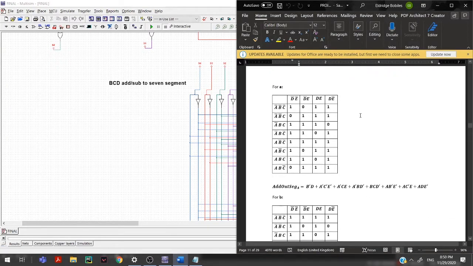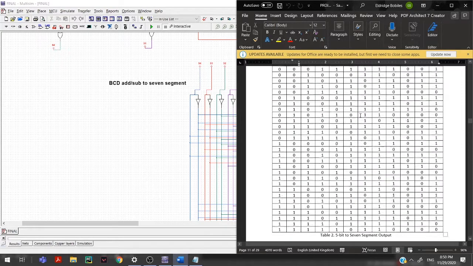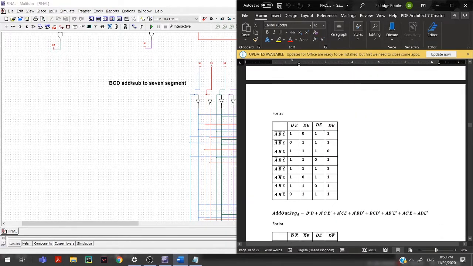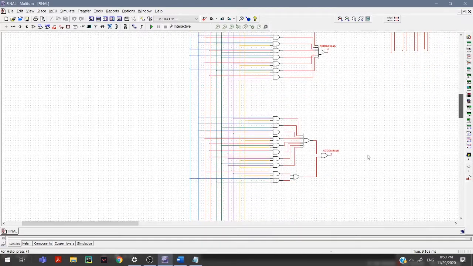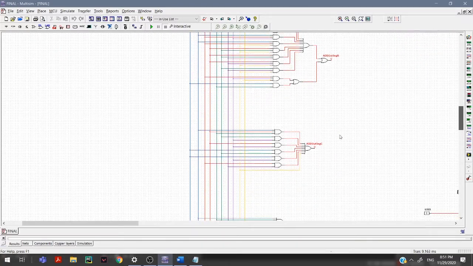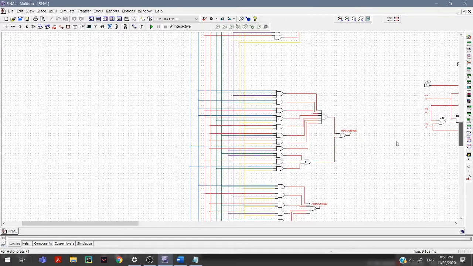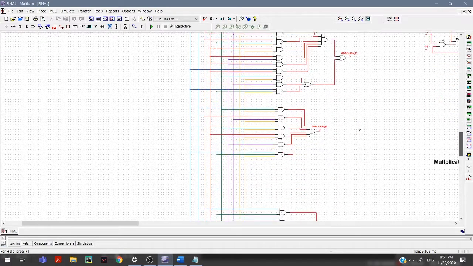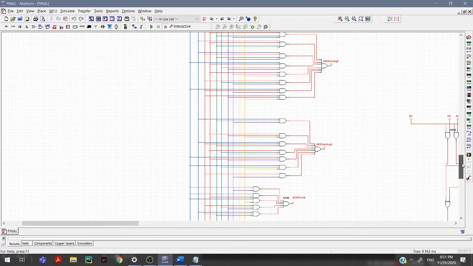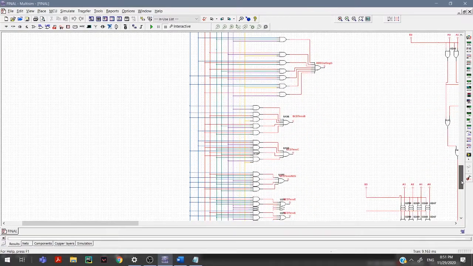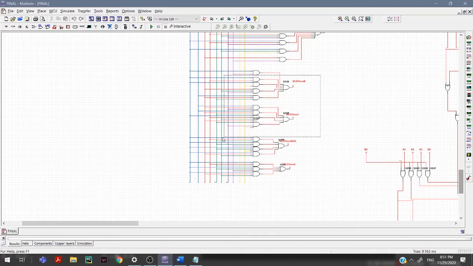Again, this is divided into tens and ones. For our ones digit, this is segment A for the ones, segment B for the ones, segment C for the ones, segment D for the ones digit, segment E for the ones, segment F for the ones, and segment G for the ones. For the tens, we have these 4 Boolean expressions.